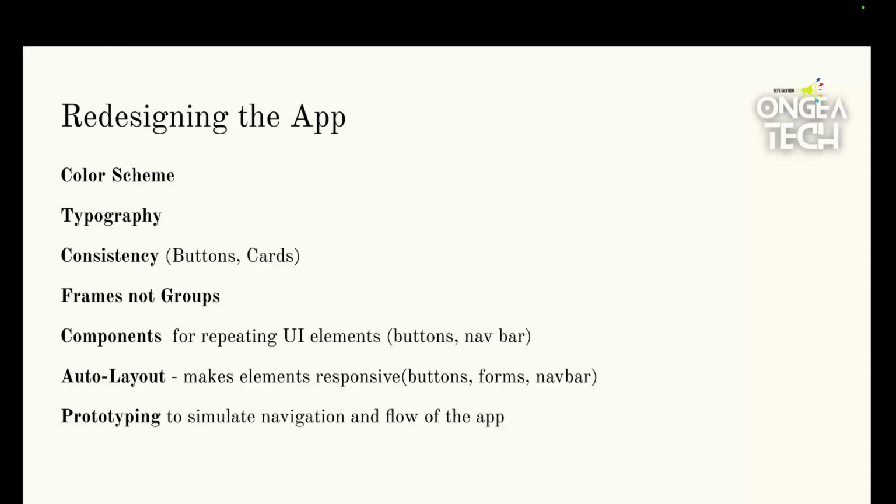So usually when you're doing prototyping with Figma, you also attach the screens together in such a way that it sort of looks like the final product. For instance, if you're logging in, when you click the login button, it should take you to the screen where you're already logged in. And if you click create task, it should bring you to the screen that has the pop-up with the form for adding details about a task.